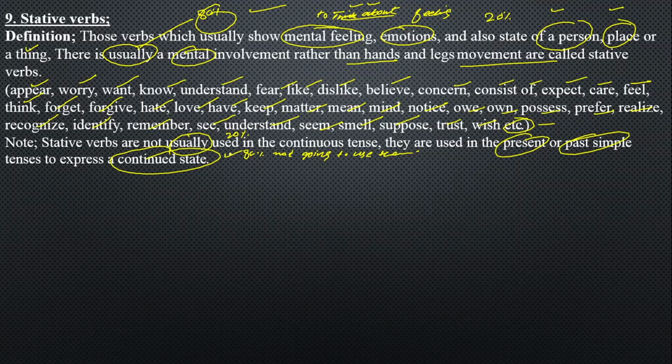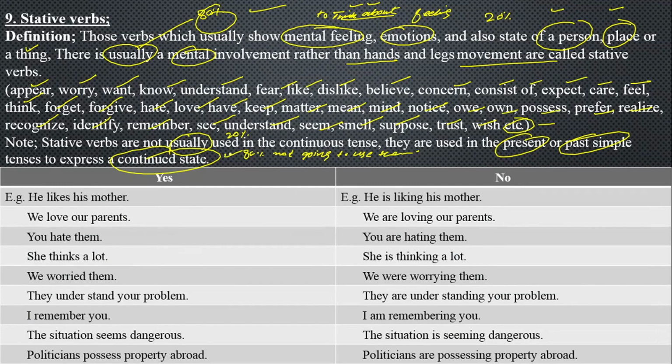Now examples are: you can use them, yes, 80% in indefinite tenses, past indefinite or present indefinite. In rare cases you may use them 20%, but the meaning again will not be clear as compared to indefinite tenses.